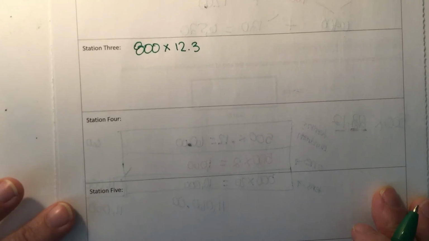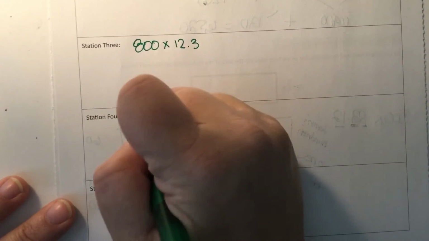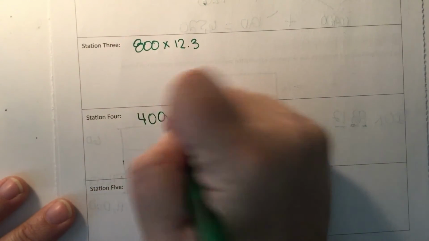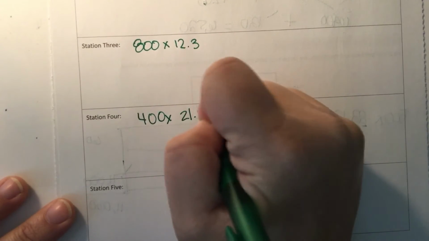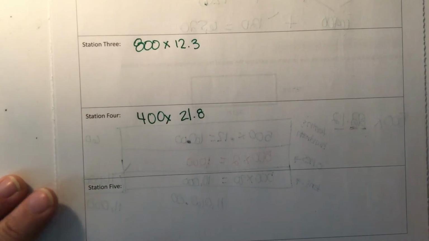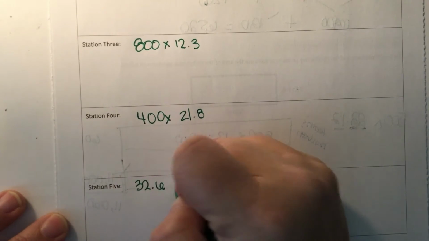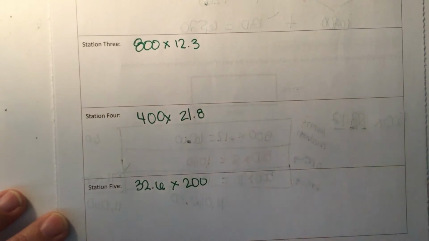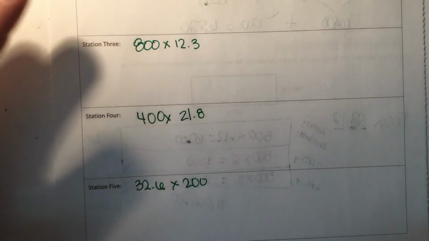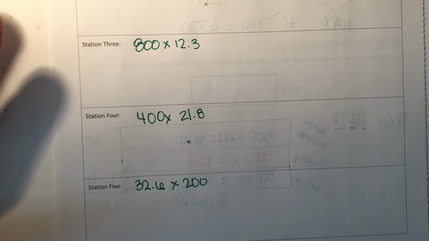Okay. And then we have 400 times 21.8. And then finally, 32.6 times 200. Okay. Go ahead and pause if you need to copy.